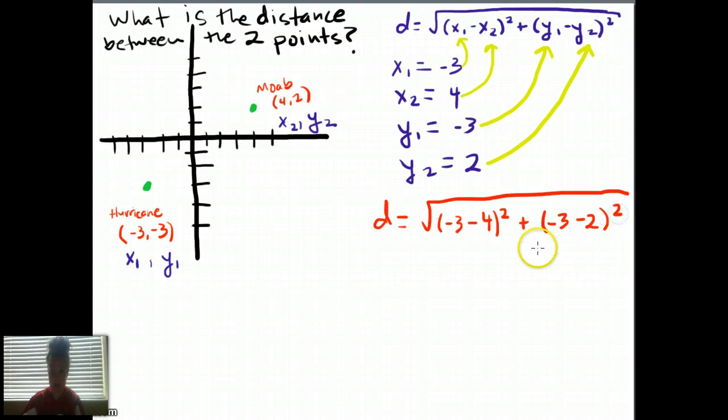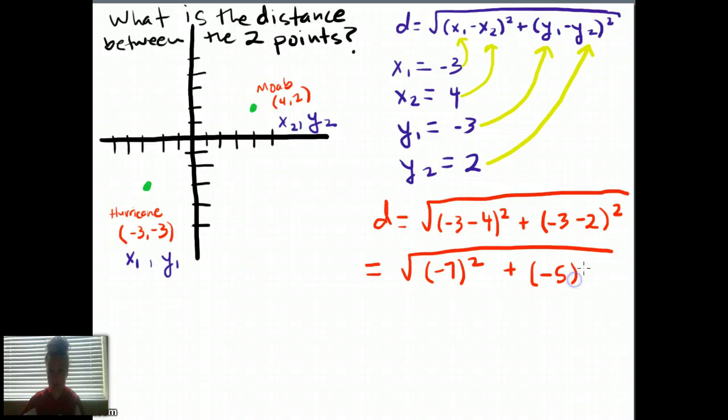And that piece gets squared as well. Then from here we just do some simplifying. We know that negative 3 minus 4 is equal to negative 7, so that will get squared. And then here we know negative 3 minus 2 is equal to negative 5, and that will get squared.